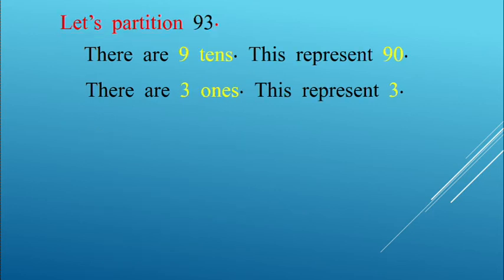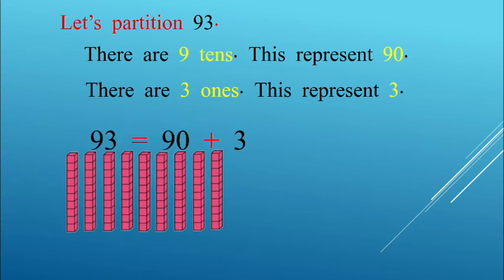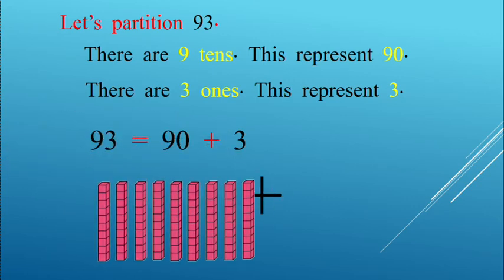Let's partition 93. There are 9 tens, this represents 90. There are 3 ones, this represents 3. 93 is made up of 90 plus 3. 9 ten blocks and 3 one blocks are equal to 93.